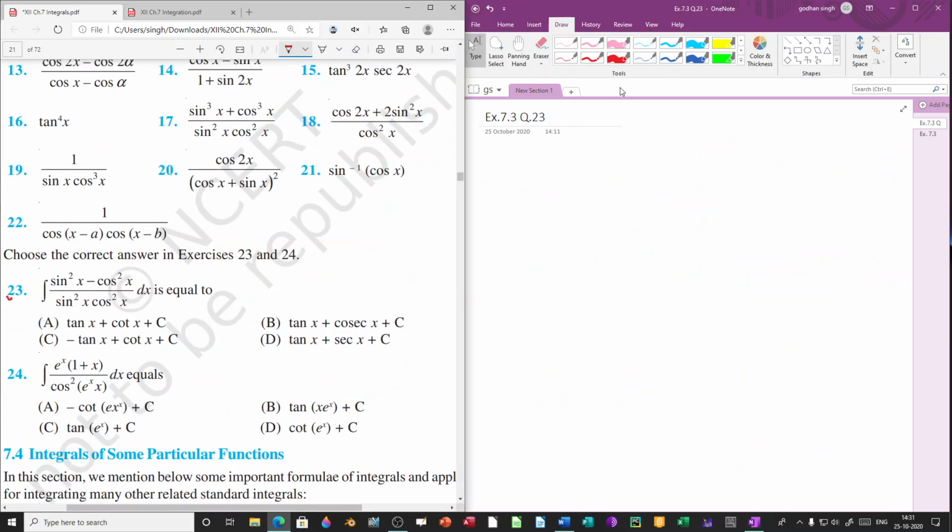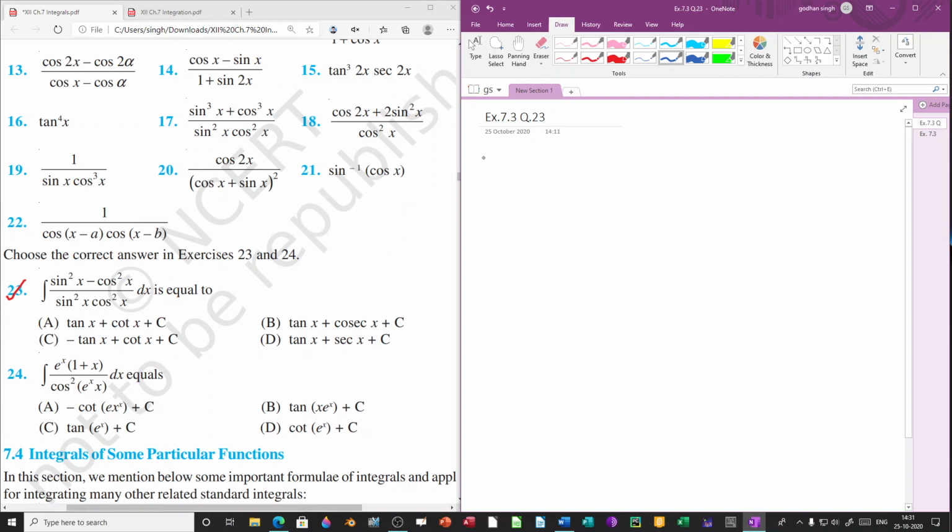Exercise 7.3, question number 23. Integrate sin square x minus cos square x over sin square x into cos square x. So solving question number 23, I equal to the integration of sin square x minus cos square x over sin square x into cos square x dx.